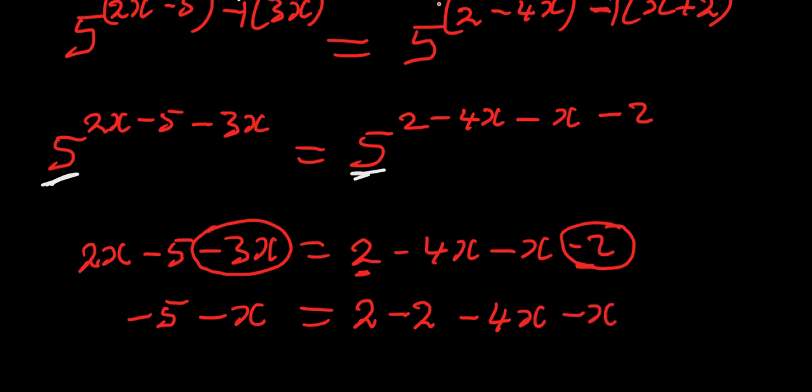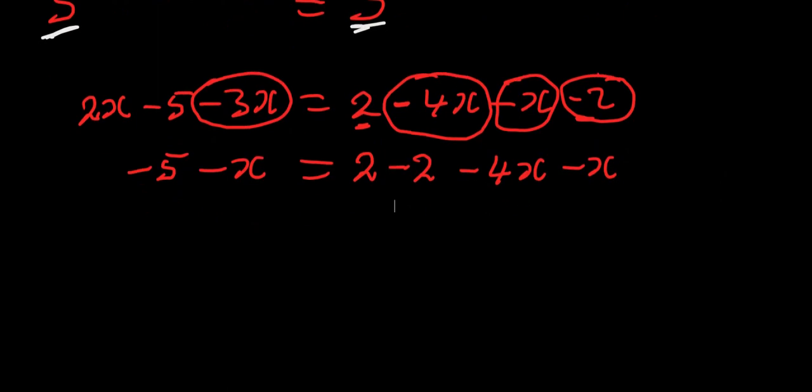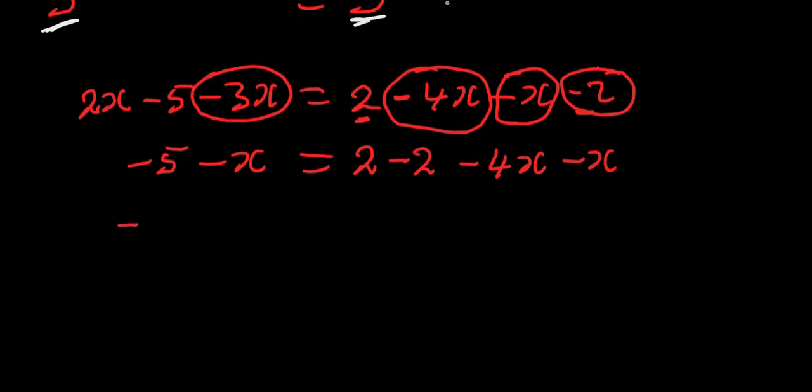Negative 4x, negative x, because this negative sign here belongs to this 4, and this negative sign here belongs to this x. So that is still negative 2. Now this will become negative 5 minus x is equal to negative 2 plus 2, we cancel out, that's going to give you 0.